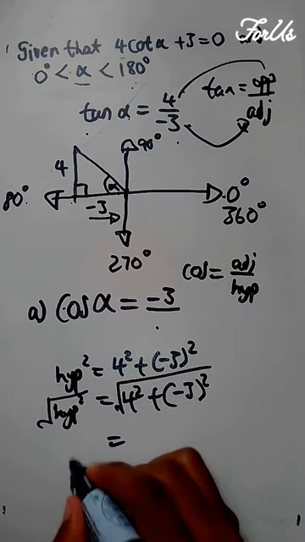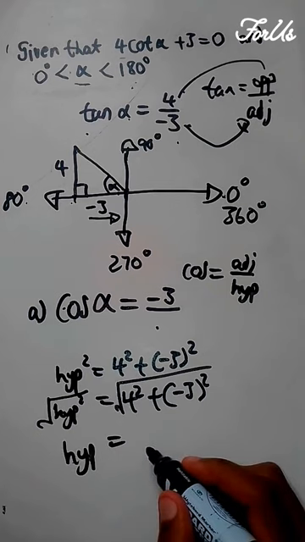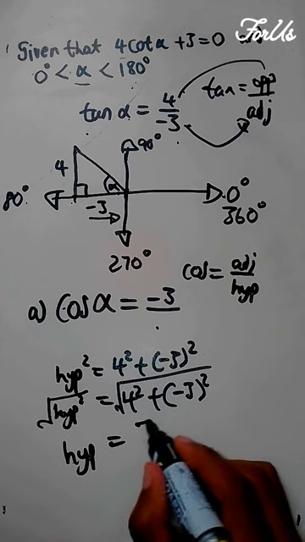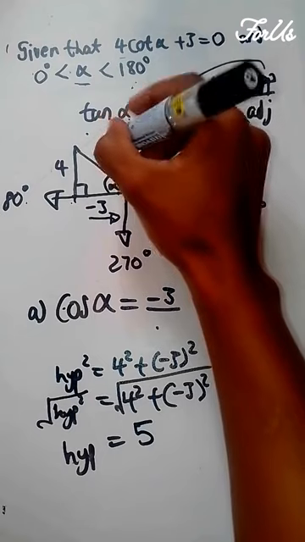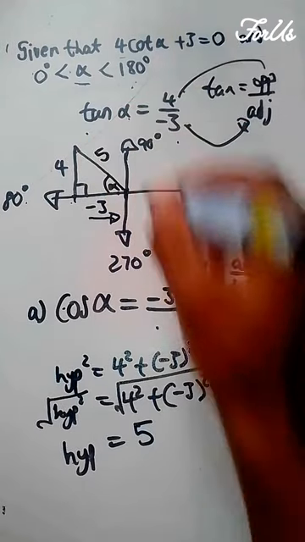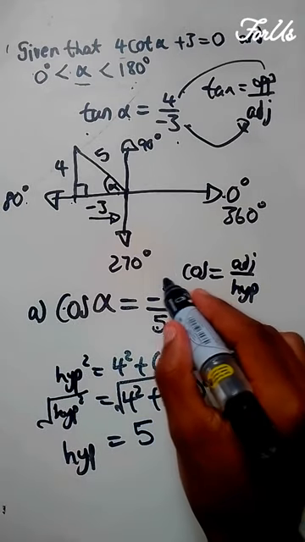Then you can use a calculator to find the value of this hypotenuse side, and the answer is 5. Now that we found the hypotenuse side, which is 5, we can complete this question. Here is going to be 5, and that's the answer.